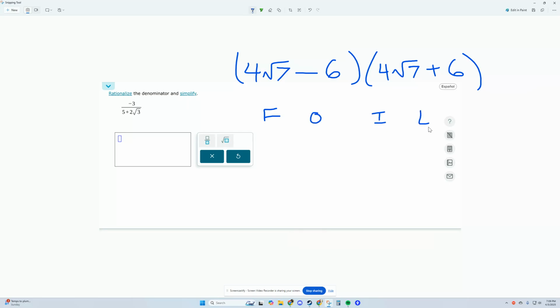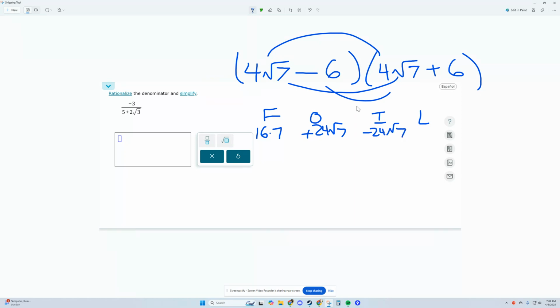It actually would, I think. So this would be 16 times 7, because 4 times 4, root 7 times root 7. Outer would be plus 24 root 7, inner negative 24 root 7, and lastly would be negative 36.